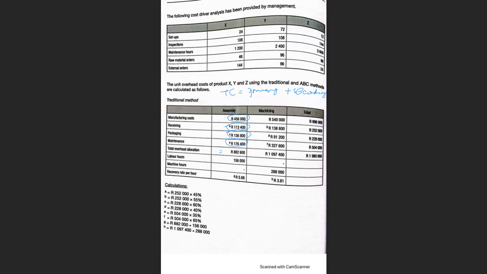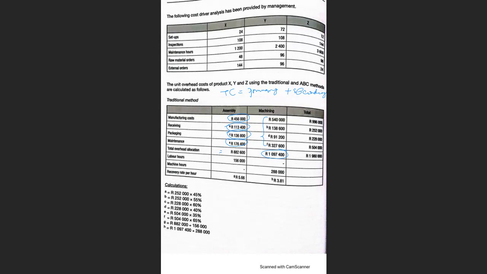And the same for machining, the primary cost together with the secondary, and that gave you the 1,097,400. Once you're done with that, at the moment, it's a total overhead allocation.